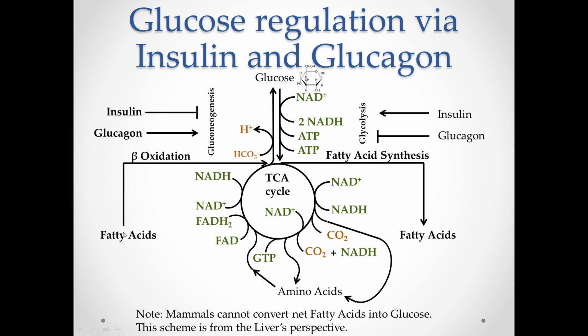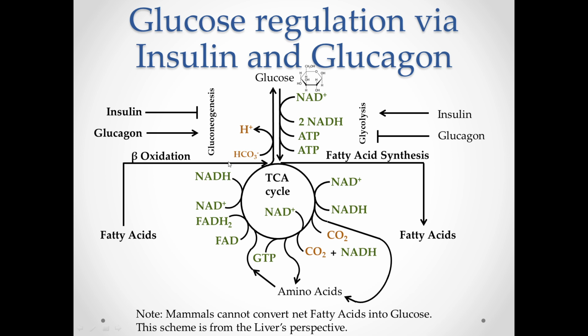Also, under starvation conditions, or under conditions in which glucagon is being produced, fatty acids are broken down in a process called beta oxidation, and the final product of beta oxidation is that central molecule called acetyl-CoA, which can then enter the citric acid cycle and generate NADHs.